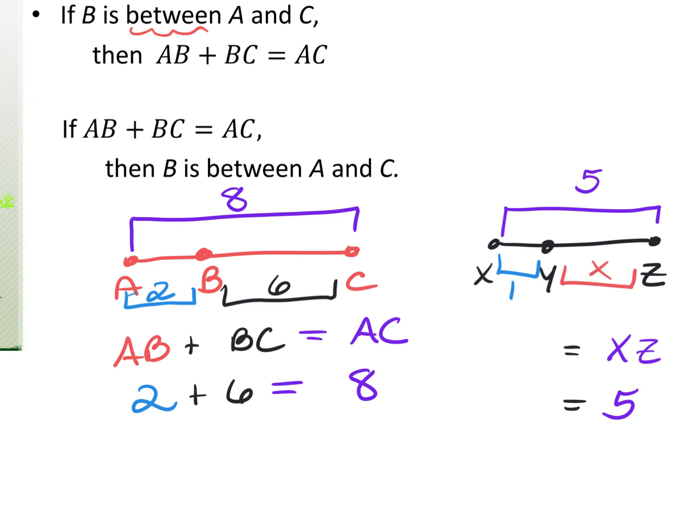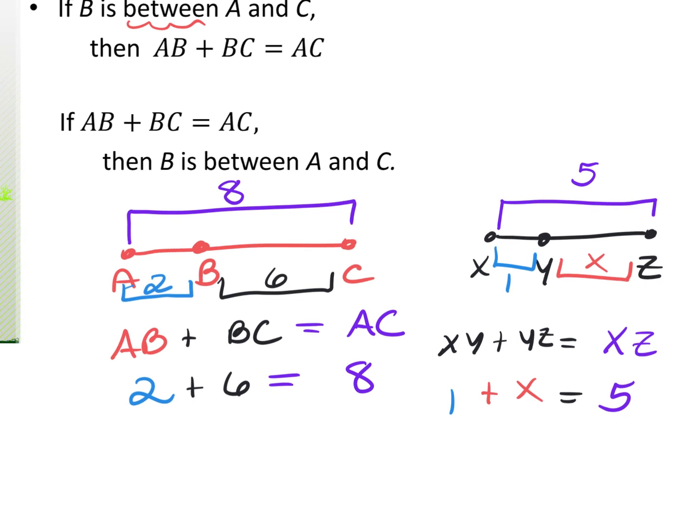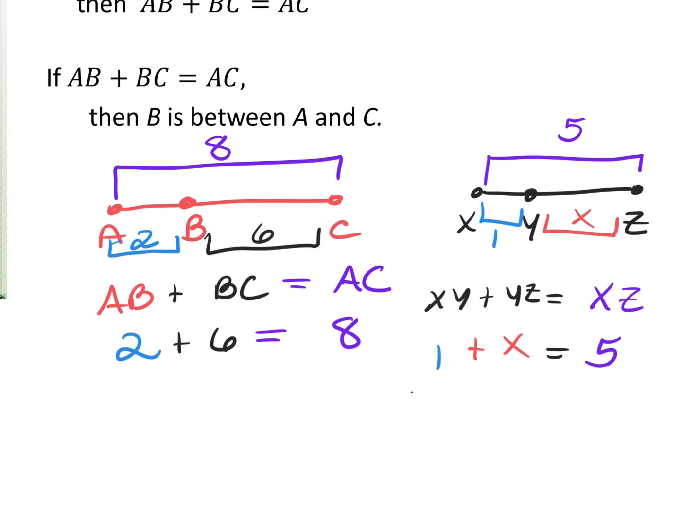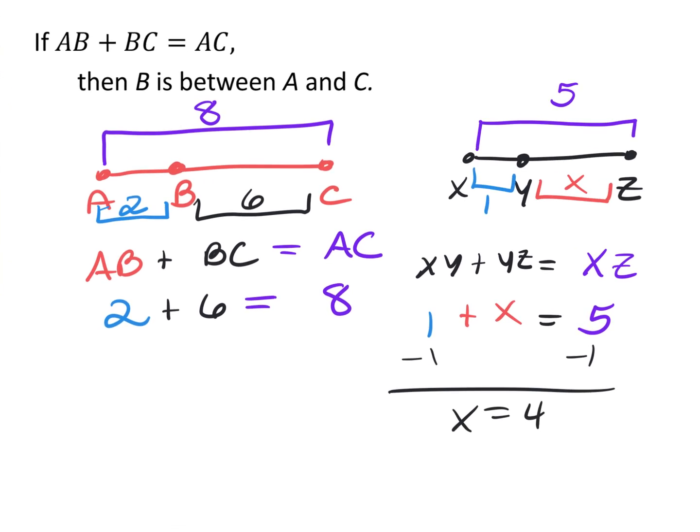I'm going to call that X. So I know that I could take XY plus YZ and set it equal to the whole thing. So if XY is 1 and I don't know YZ, now I can solve my simple algebraic equation by subtracting the 1, and I can see that X equals 4, and X represents YZ.